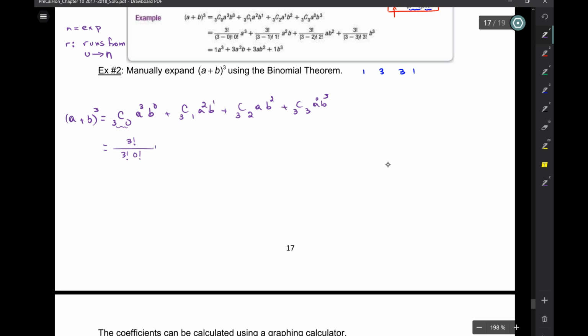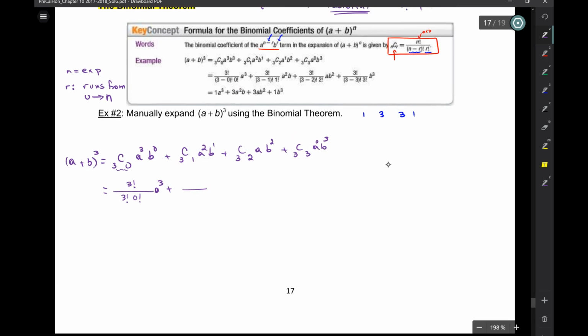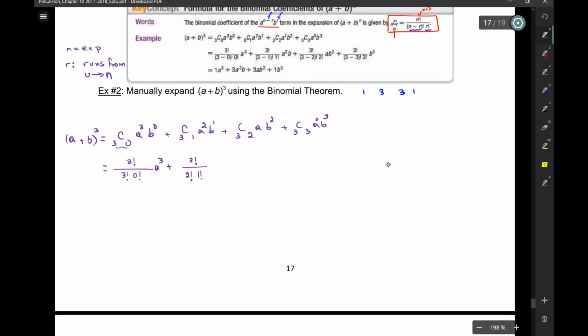And then it's just a cubed. Plus, that's the formula. Again, it's n factorial, the difference of the two, and then r factorial. And it's a squared b.